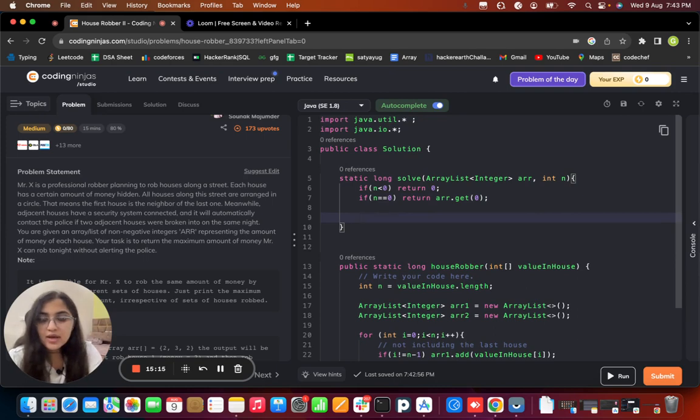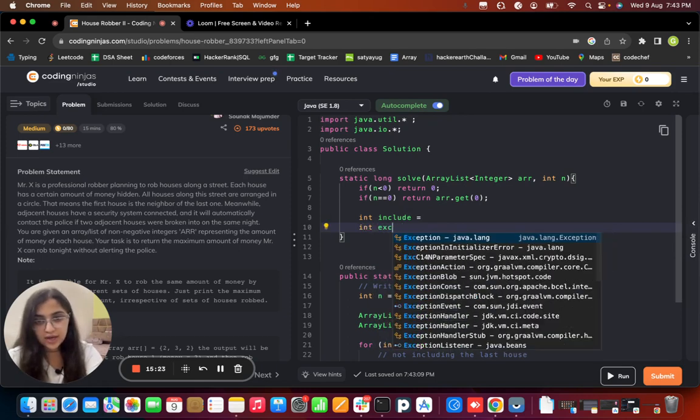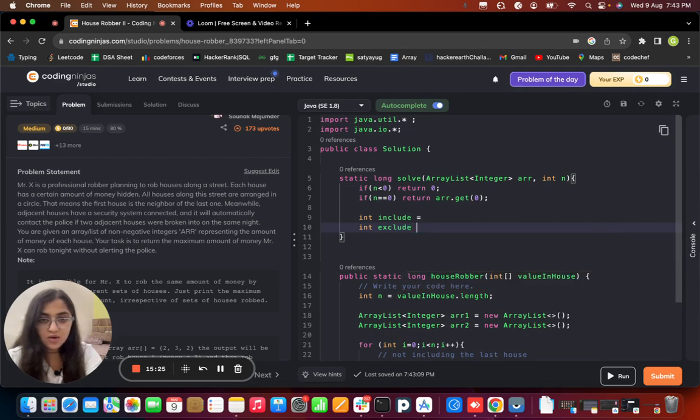Got it? Now we have two conditions: either we can include a house, or we exclude this house, meaning not include that particular house. Got it? So the first condition is include. If we are going to include, we must add the value that we have loot in that particular house.